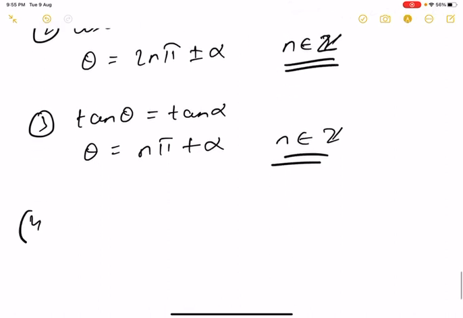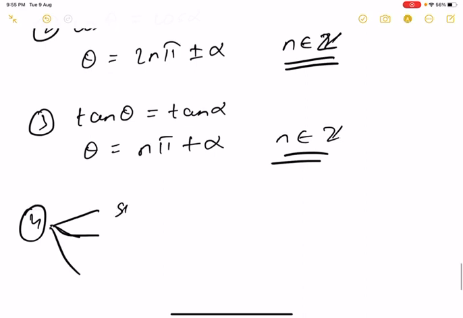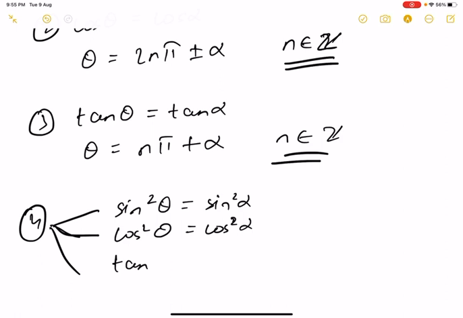And the fourth one, there are actually three, but the general solution is the same. That is sine square theta is equal to sine square alpha. Then you have cos square theta is equal to cos square alpha. And then finally you have tan square theta is equal to tan square alpha. The solution is the same.